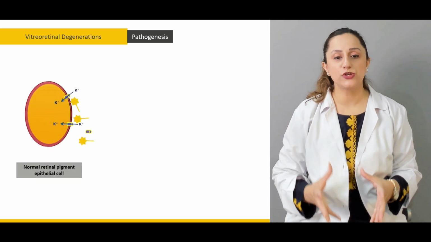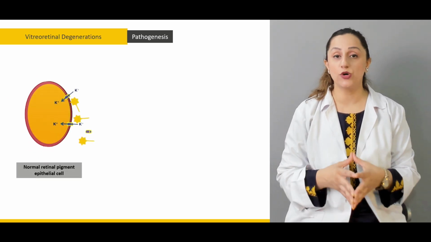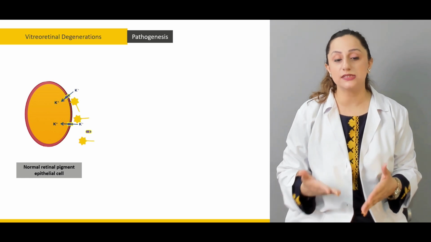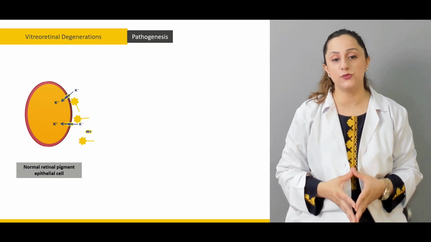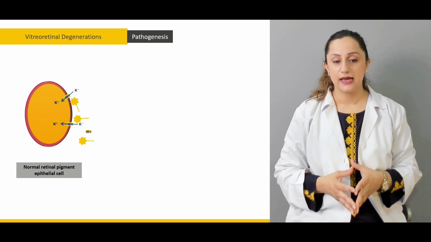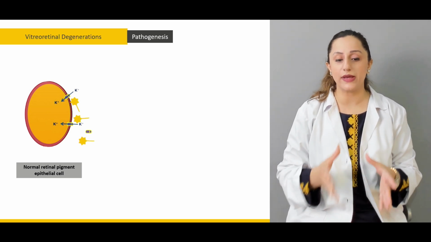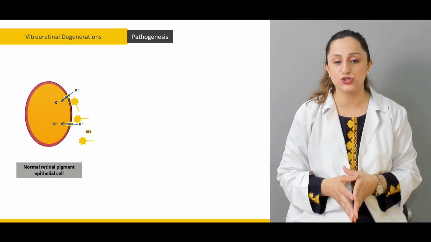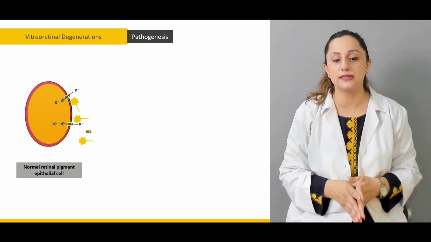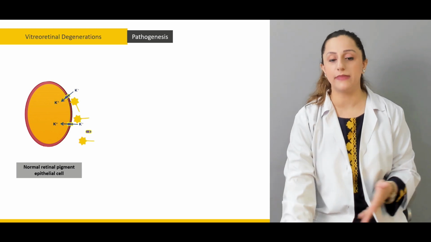Just considering the vitreoretinal degenerations and what can be the underlying pathogenesis, this diagram is basically briefly explaining this. This is a normal retinal pigment epithelial cell in which you can observe the potassium channels are working in a normal manner.